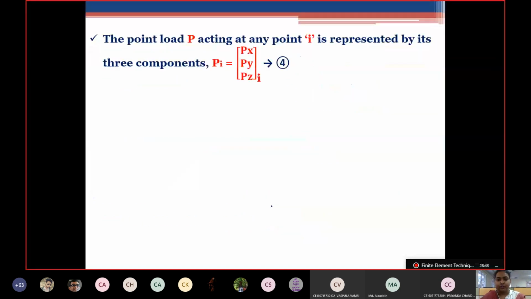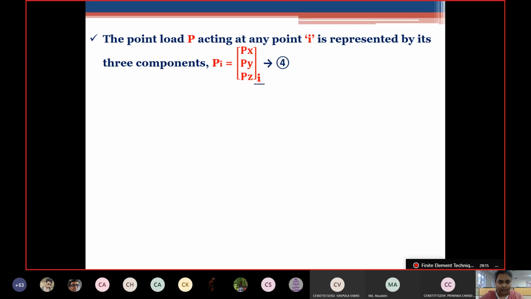Now we'll go for the next one. If any point load is acting at any point i, that also affects the body. So the point load P acting at a point i is represented by its three components as Px, Py, Pz of i point.